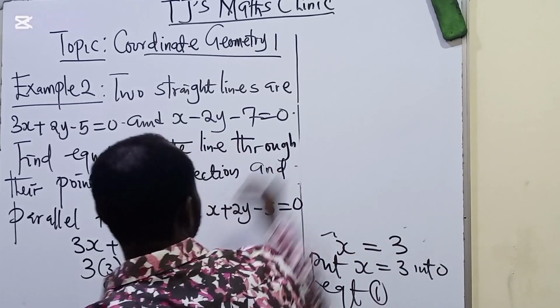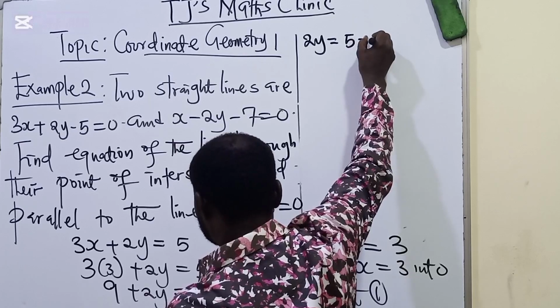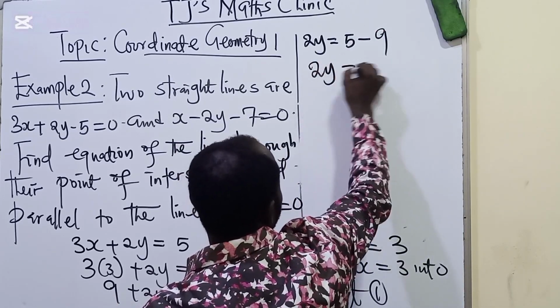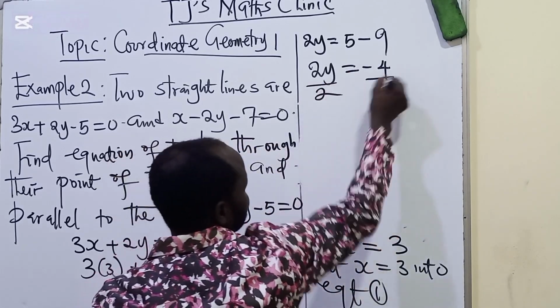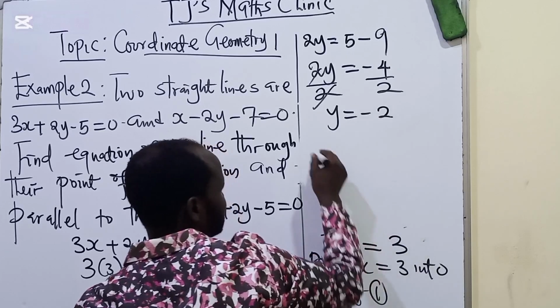So let's collect like terms here. I have 2y equals 5 minus 9. Crossing the equal sign, it will be negative. This will be 2y equals minus 4, since 5 minus 9 is minus 4. Let's divide both sides by 2. y will be equal to minus 2.